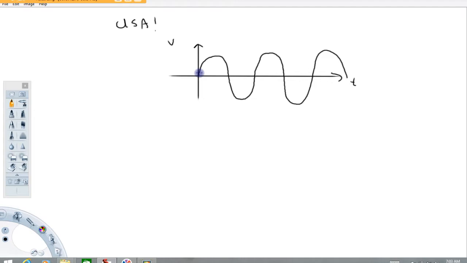AC circuit problems almost always deal with averages over time, so it's not important that this start at 0, 0, but I always draw it like this and then represent it with a function that looks like V equals some V max sine of omega t, omega being the angular frequency. In the U.S. power grid, the maximum voltage is 170 volts. So on this graph, we'd be getting as high as plus 170 and down here to minus 170.